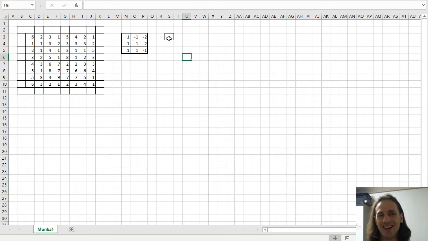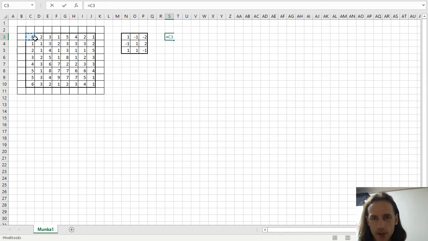So let's do our first convolution calculation here. Bear with me, I'm going to do it by hand as usual. This is a linear combination.